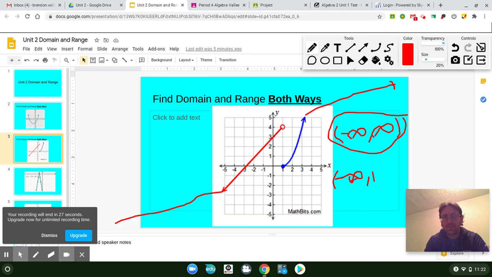And then it picks back up at 1, and that's going to be a bracket, and that goes to infinity. So you want to have a union there, okay? This is kind of acceptable, but really you're going to want to have that union. So it goes from -infinity to 1, and it goes from 1 to infinity, okay?